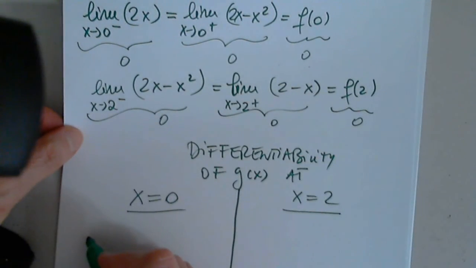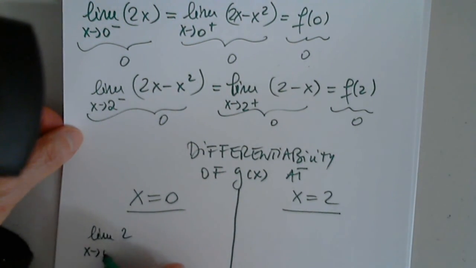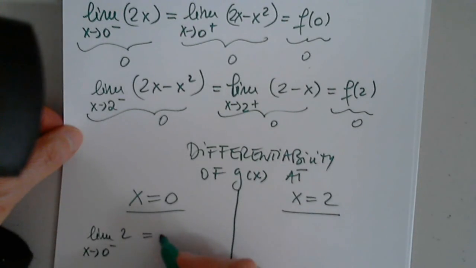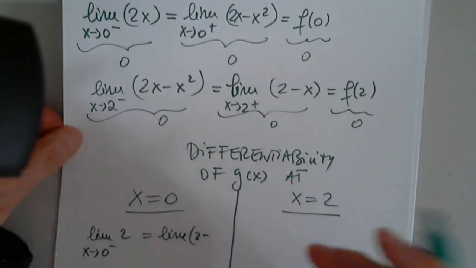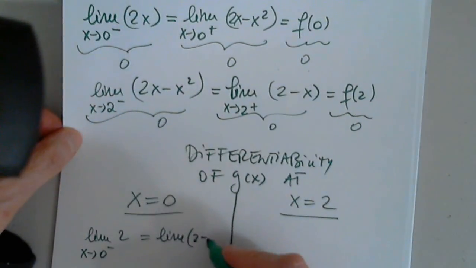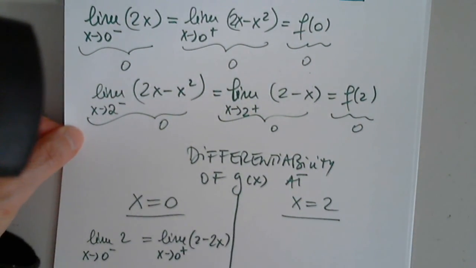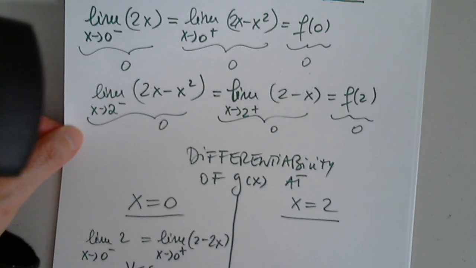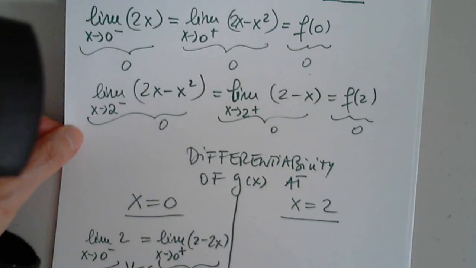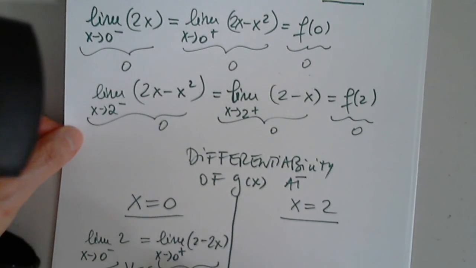So for g prime, does the limit of 2 as x approaches 0 from the left equal the limit of 2 minus 2x as x approaches 0 from the right? Yes, because this side is 2 and this side is 2. So then it's differentiable at x equals 0.